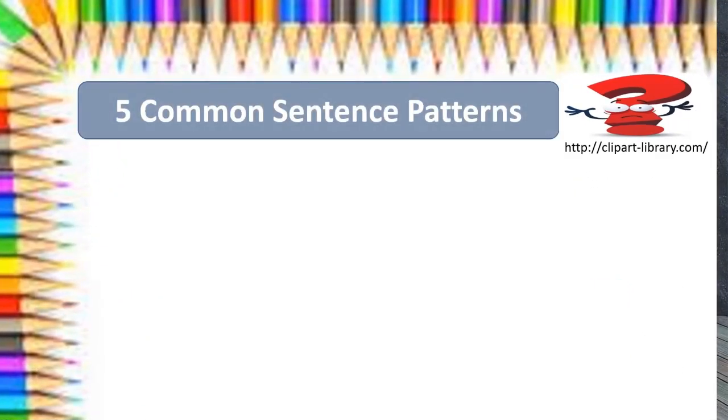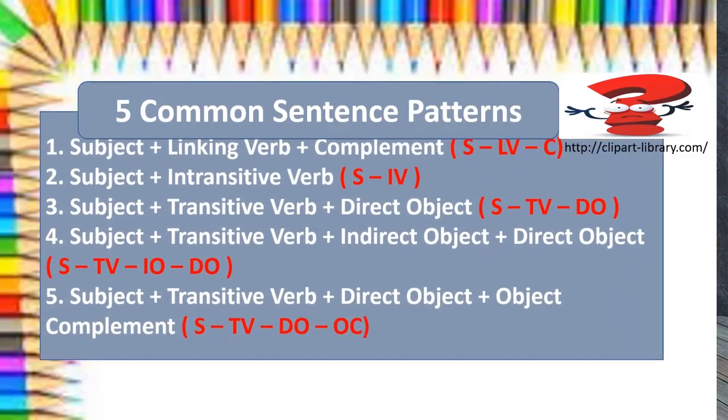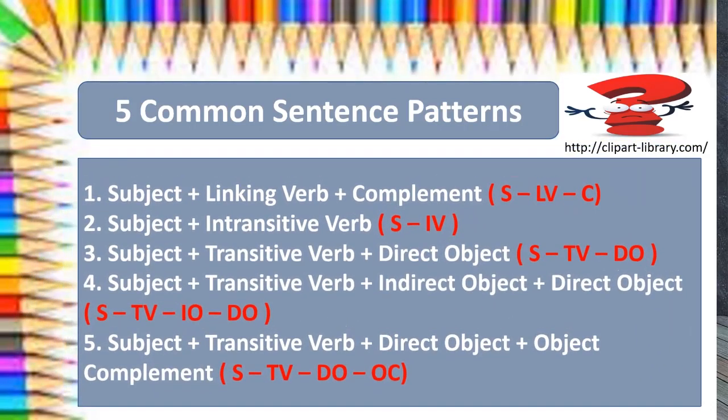Here are the 5 common sentence patterns. Number 1, subject plus linking verb plus complement or the SLVC pattern. Second, subject plus intransitive verb or the SIV pattern. Number 3, subject plus transitive verb plus direct object or the STVDO pattern.